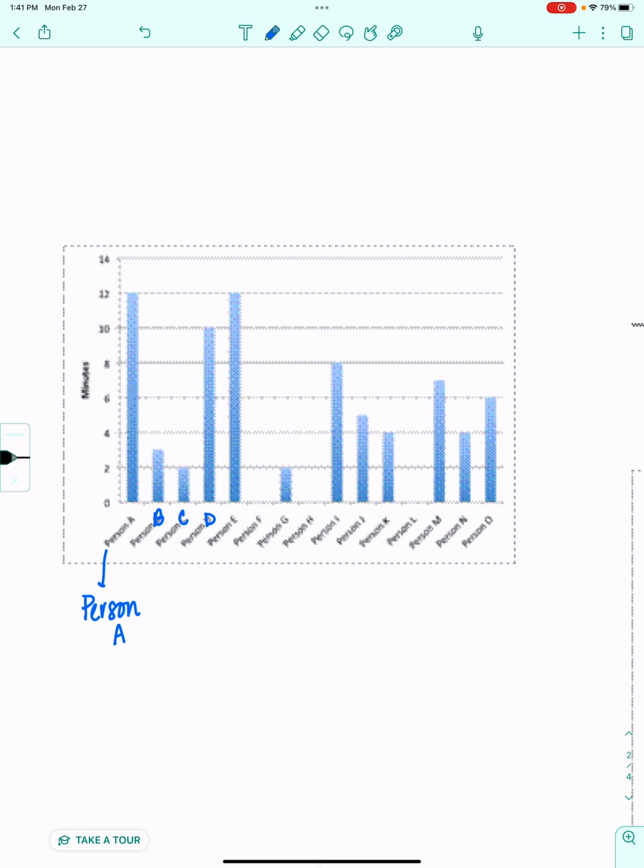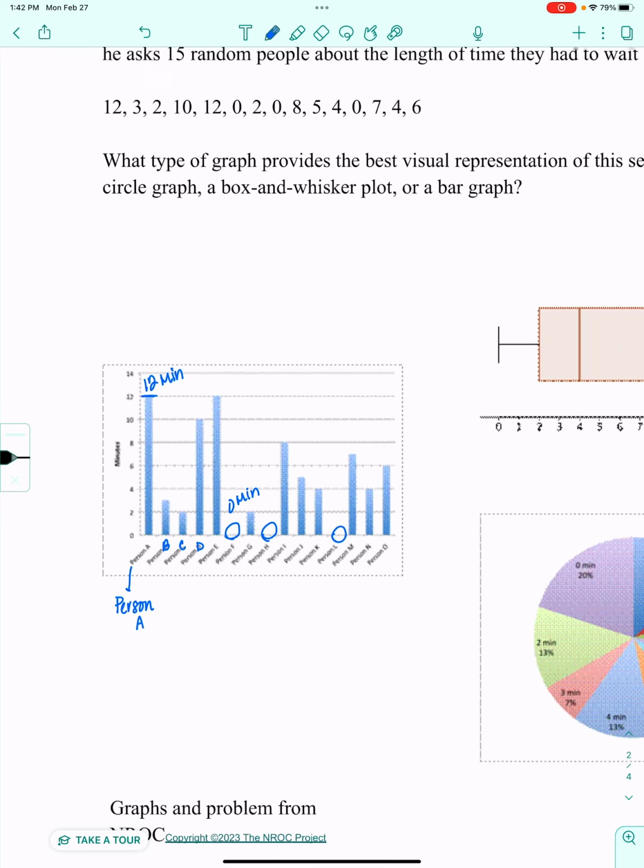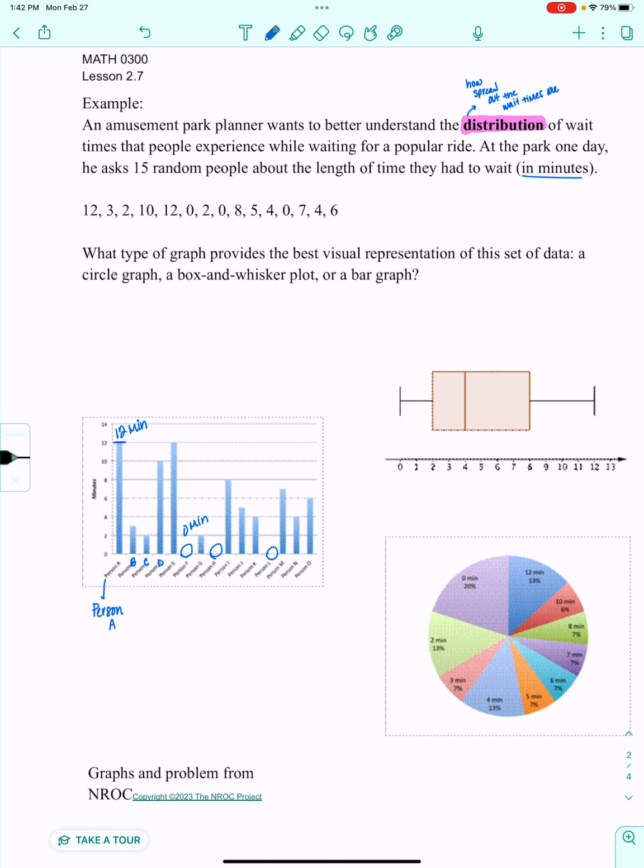Now, I do like that this graph shows me very clearly the longest wait time was 12 minutes, and the lowest wait time was 0 minutes. So that's helpful. It doesn't show me really clearly, though, how spread out those values are. So let's see what other graphs might tell us.